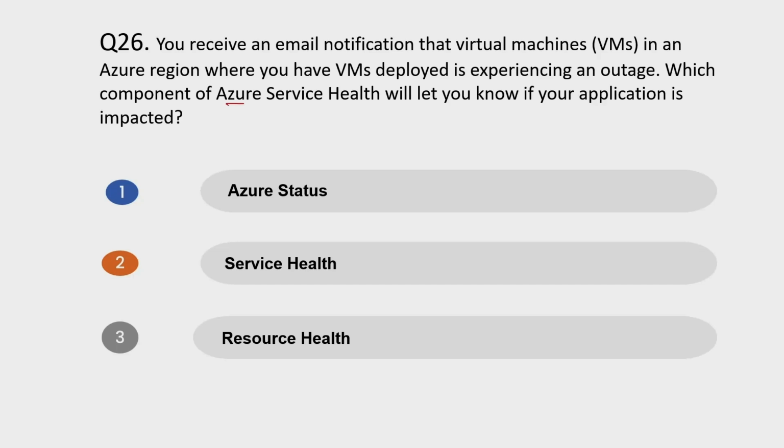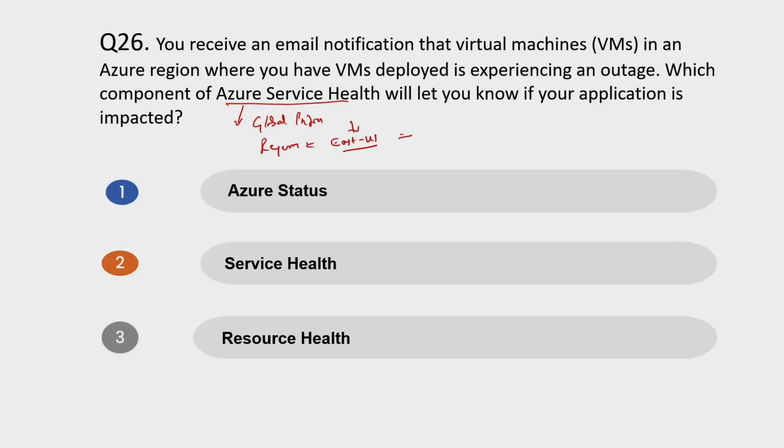So the keyword is Azure Service Health. Azure Service Health will provide information about global infrastructure and the region where our resources have been deployed. So if you have deployed in East US and there are any issues, Service Health is going to update us.